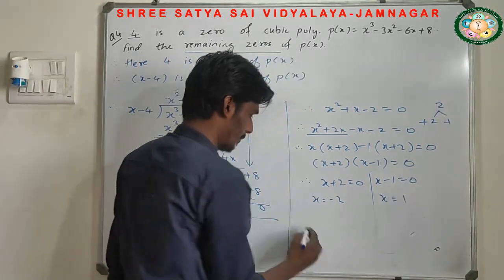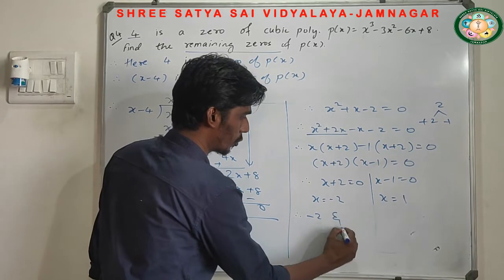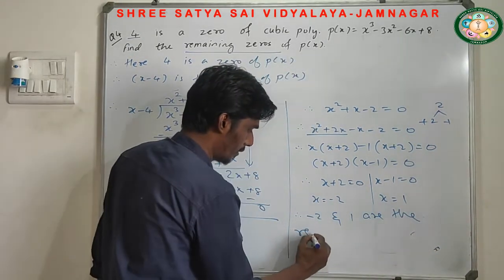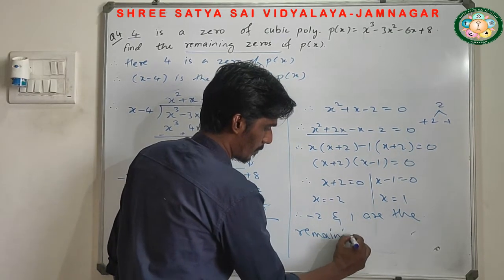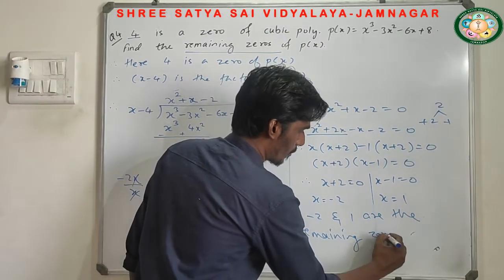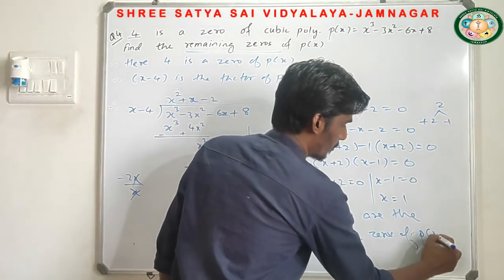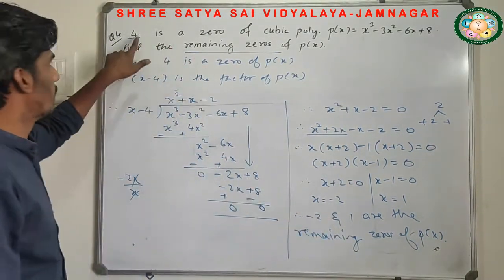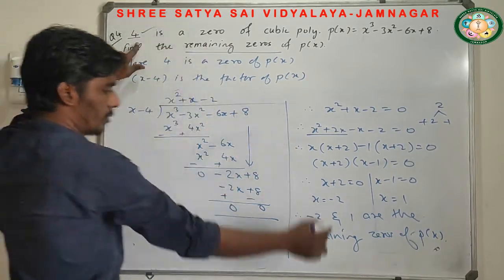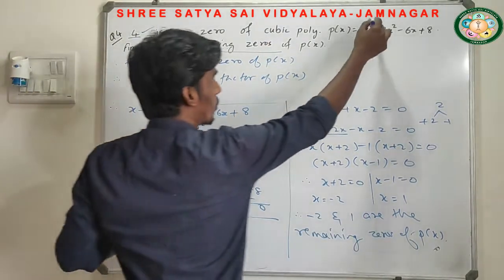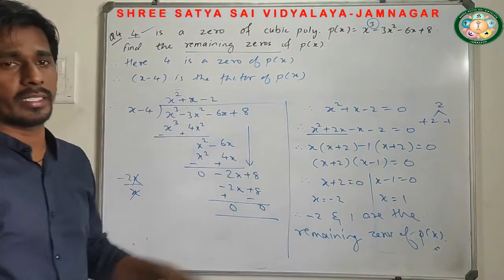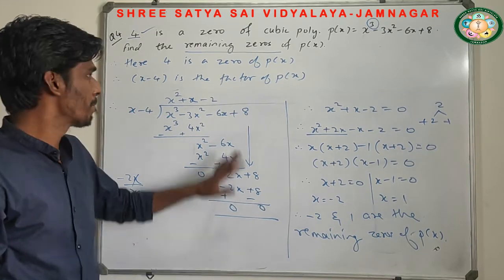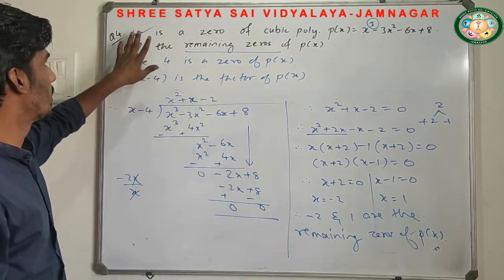So we can write here, therefore minus 2 and 1 are the remaining zeros of p of x. So this is the way I got 2 zeros and already 1 zero is given. Here this is 1, 2 and 3 because it's a cubic polynomial. Maximum it has 3 zeros and all 3 we got. So this is the way we can find out the remaining zeros by using the given zero.